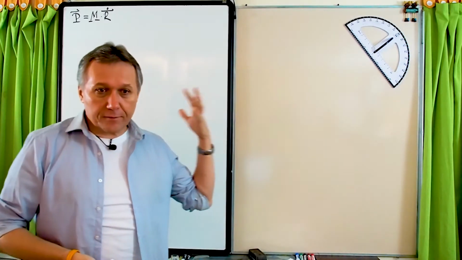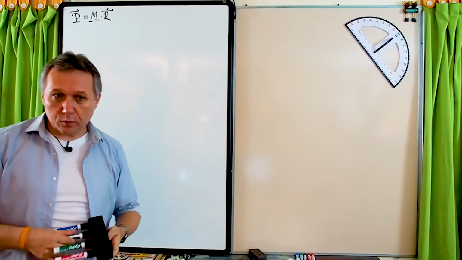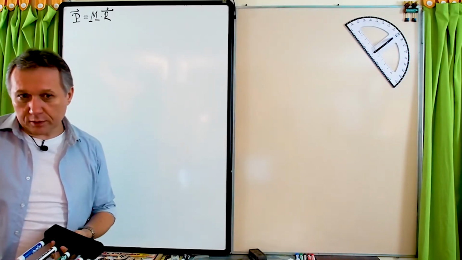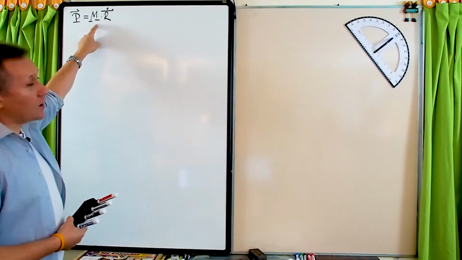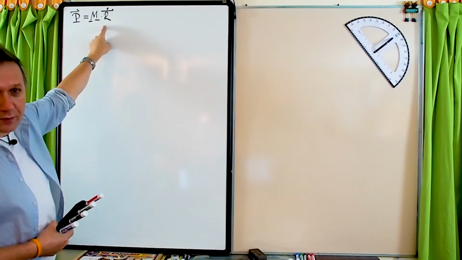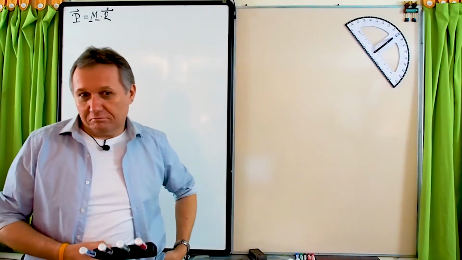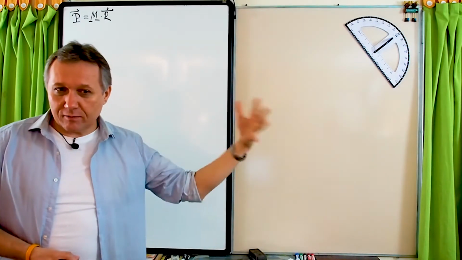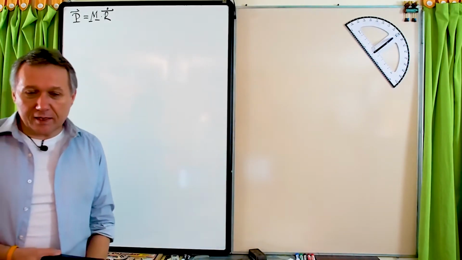Amazing feature: if you want to know the total linear momentum of a multi-particle system, you can create a fake particle with the total mass of the system, position it at the center of mass, find its velocity, and m times the velocity of the center of mass is the total linear momentum of the system.